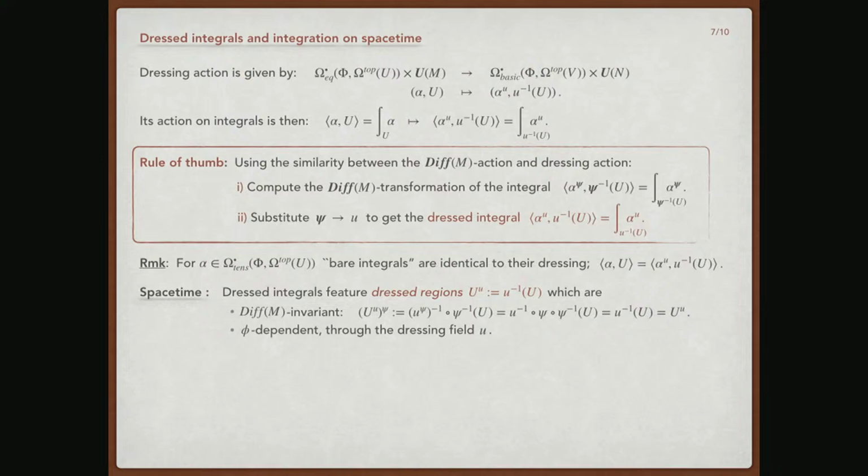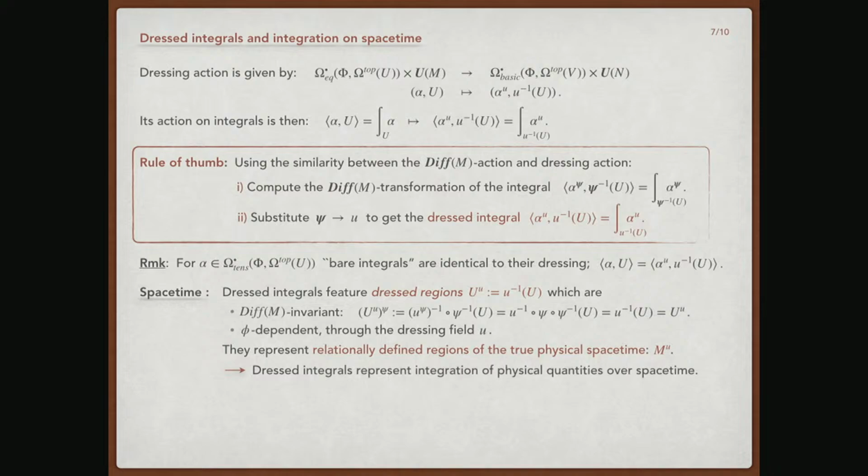So those are diffeo-invariant, field-dependent regions. They are the formal implementation of the point-coincidence argument, which tells you that you should define true physical spacetime regions through the field content. The set of all those regions is the subset of the dressed spacetime, which is the diffeo-invariant, physically meaningful spacetime.